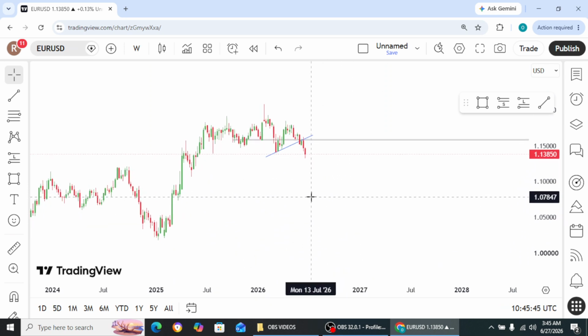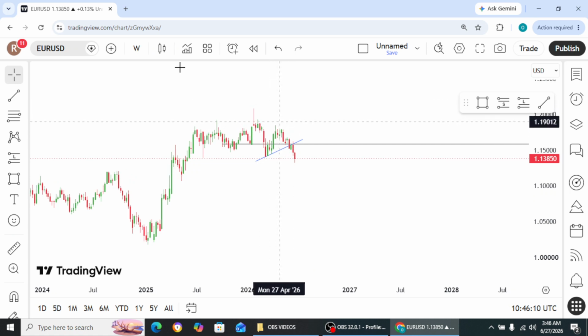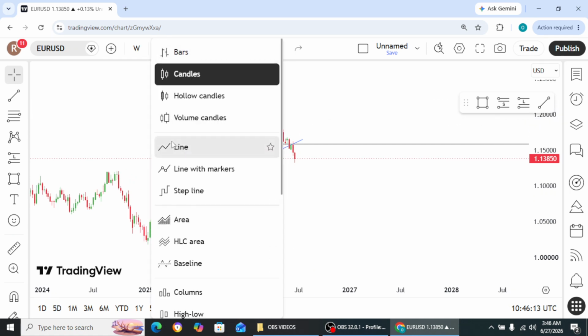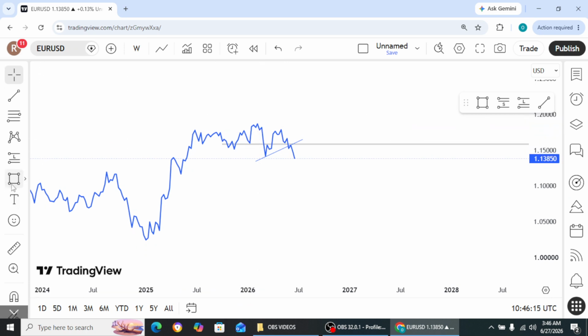So our outlook for this coming week, starting on the 29th of June, is a selling outlook. In your daily analysis, look for selling opportunity majorly. Of course, you can look for buying opportunity, but the only time you should be looking for buying opportunity is above this level.